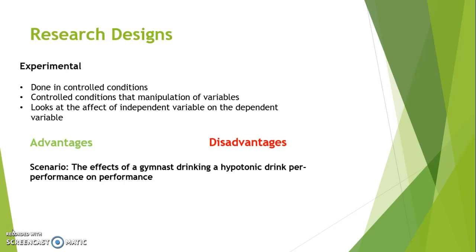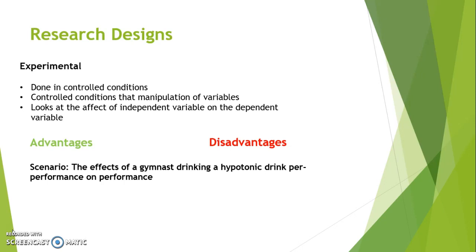Of course, however artificial you make it, there's still going to be influence and effects that could change the results. And it is also slightly more time consuming than some of the other types of research design.